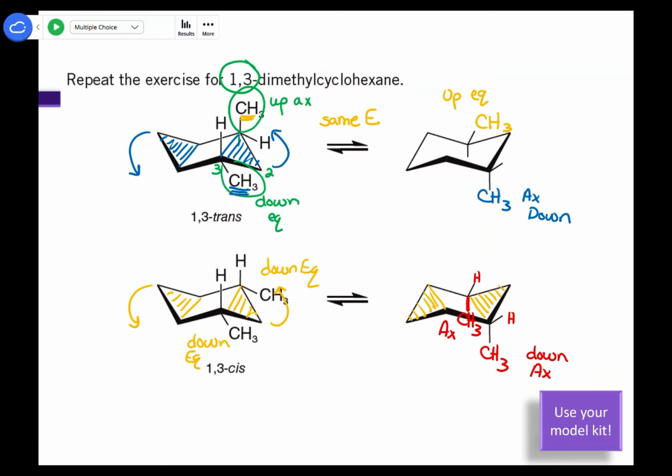So comparing the energy, we have equatorial versus axial and axial. Which one's more stable? Who votes for this one being more stable? Who votes for this one being more stable? And the correct answer is, as you identified it, equatorial is more stable.